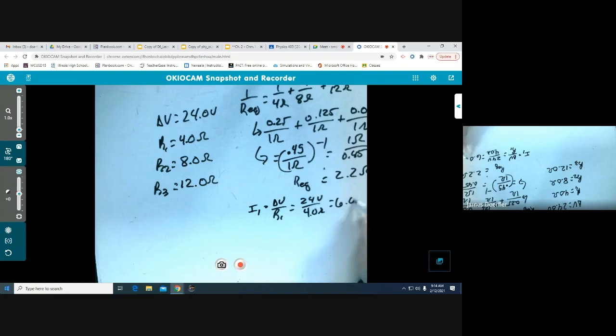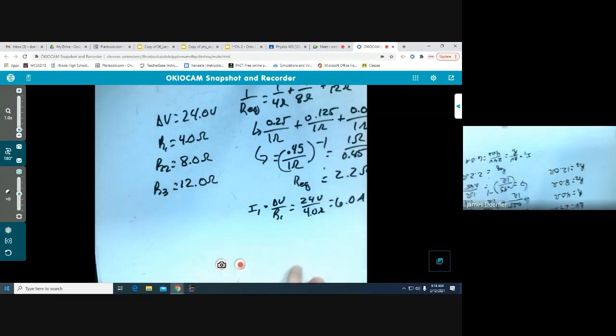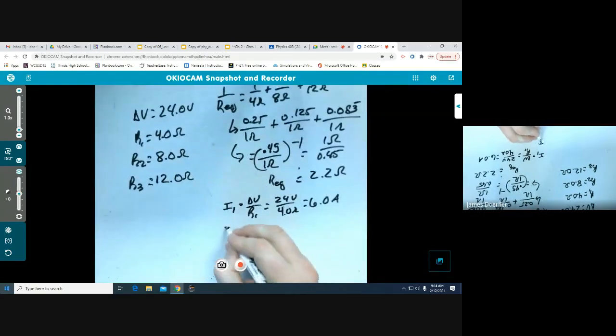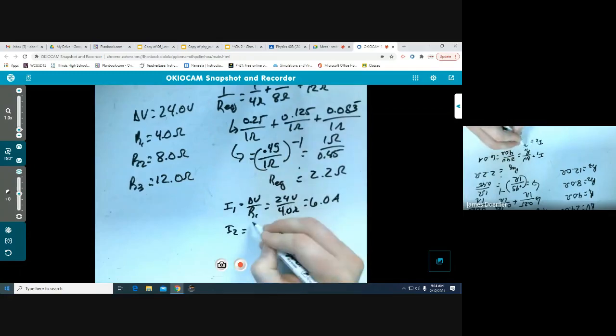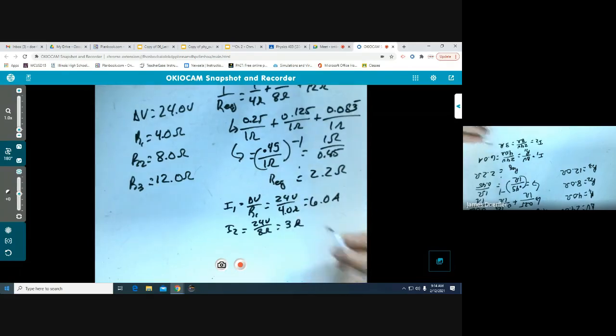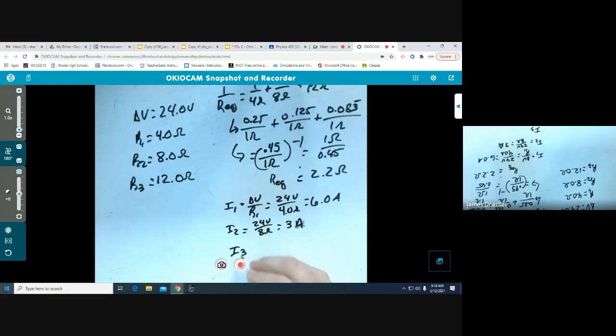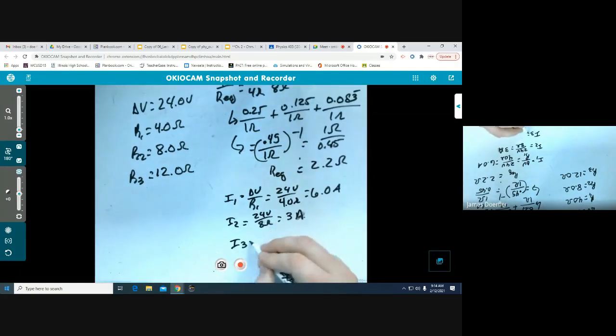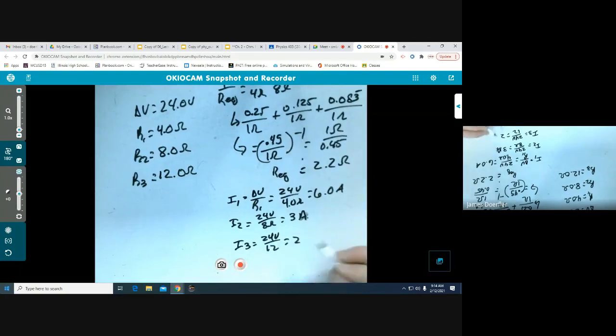We get 6 amps. Do the next for the next resistor. Again, 24 volts divided by 8 ohm, 3 amps. And the third, 24 volts over 12, we're going to get 2 amps.